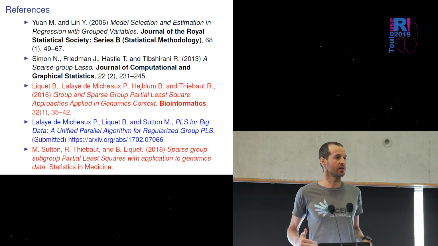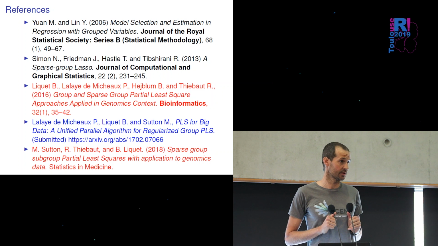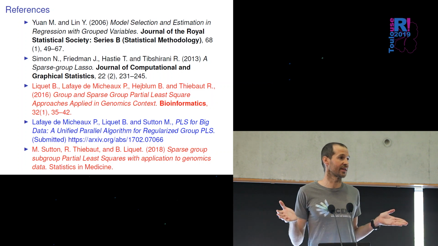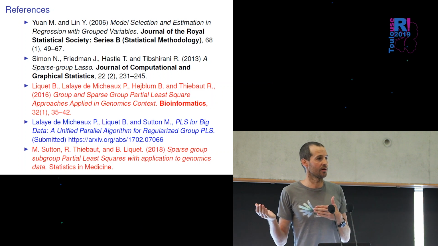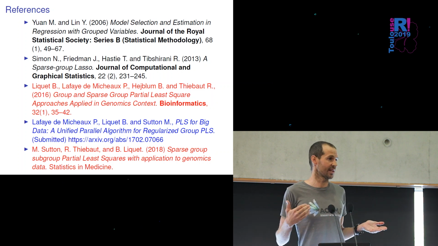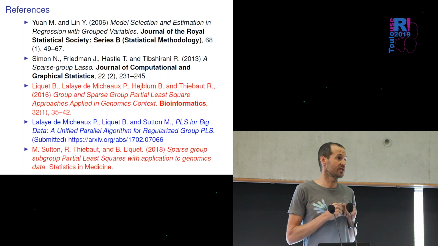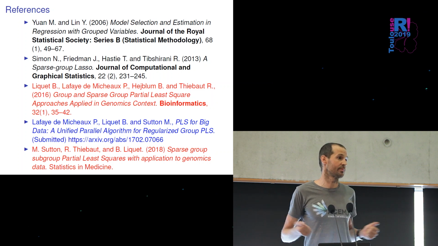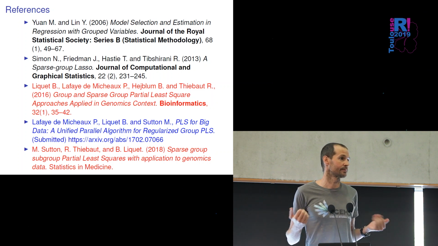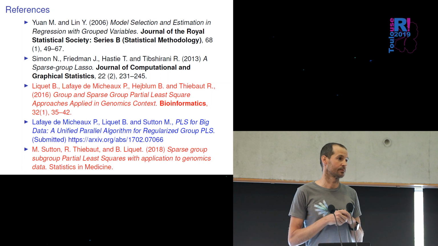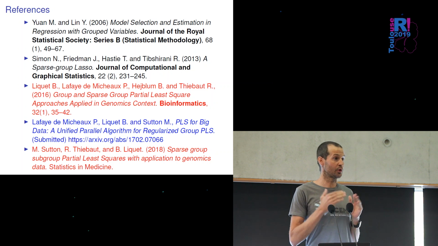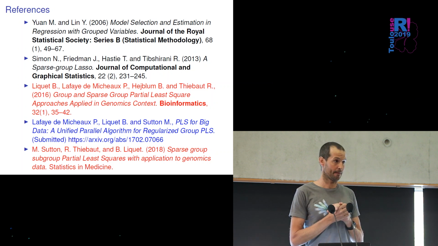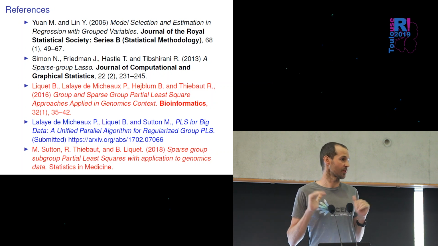So in fact, when you get your first component, your first pair of latent variables, you will be looking for the second pair of latent variables. So you do some deflation step, and when it's done, it's like a new step of PLS with new data. Yeah, but you parallelize by cutting the data into chunks? No, to compute X transpose Y. When you have X transpose Y, it's fine.